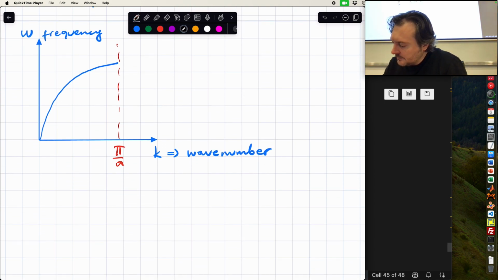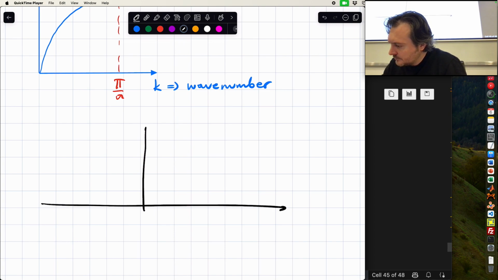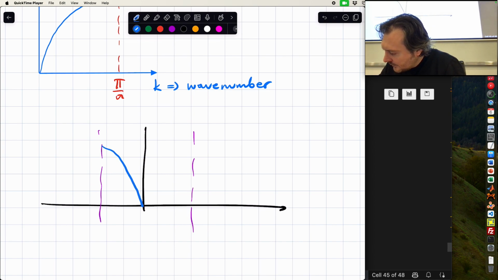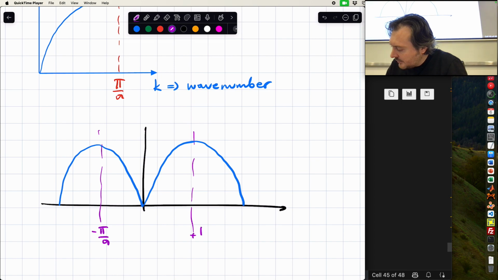Let's plot it again. It's sort of symmetrical. So you have something like this, but then it starts repeating. So this is minus pi over a, plus pi over a, right?